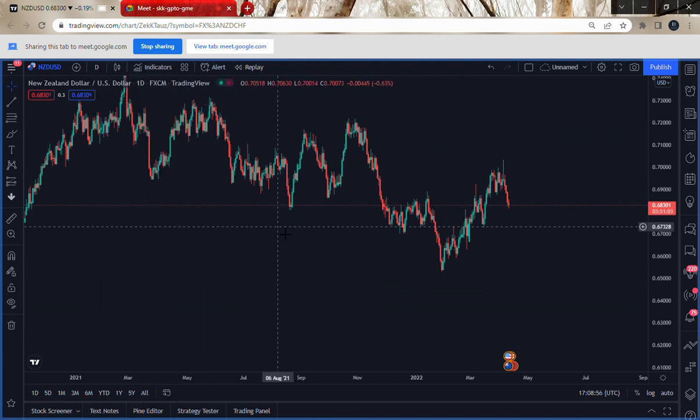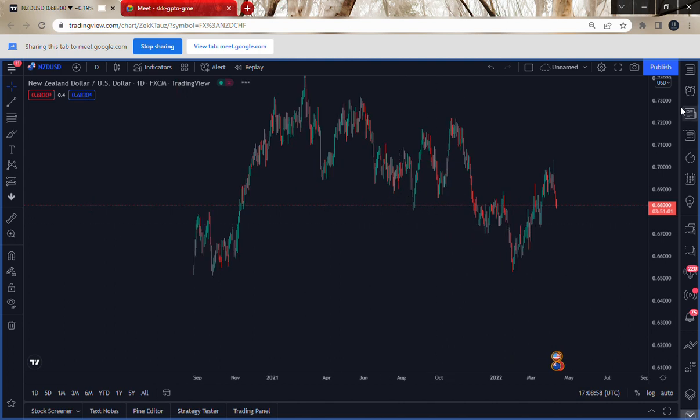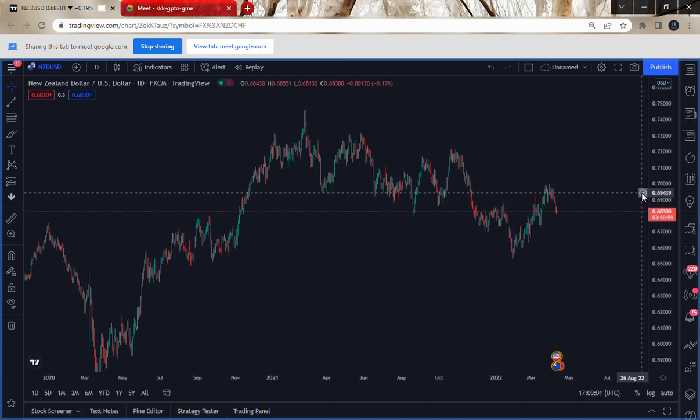Okay, so now since we have learned about nature's theory, and we have learned about structure, and we have a brief understanding of impulse and correction, the next phase will be going into multi-time frame analysis.